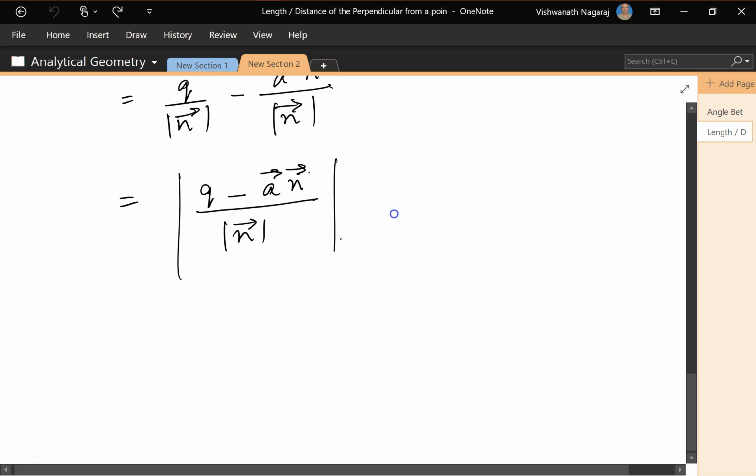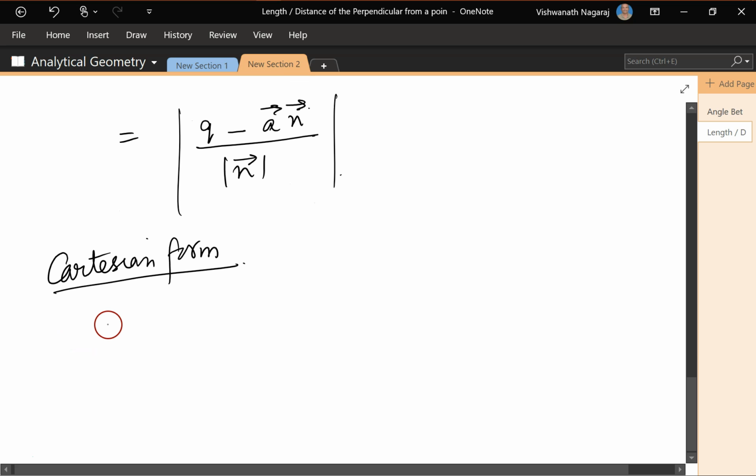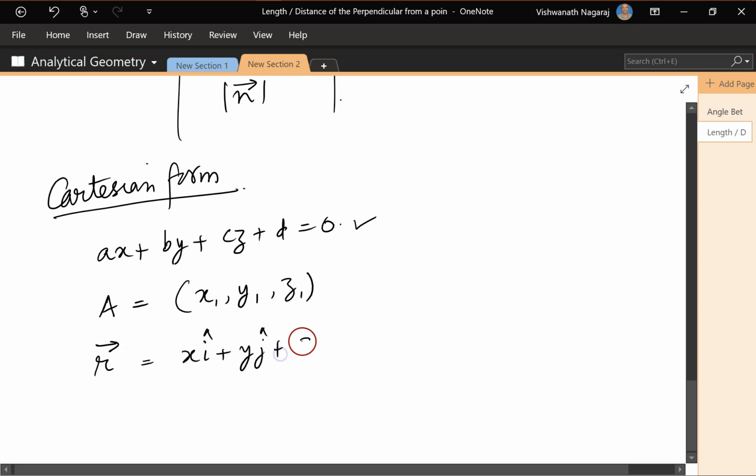Now let's look at the same thing in Cartesian form. Here, let's say the plane is ax plus by plus cz plus d equal to 0. Now we have a point A outside the plane. Let's say its coordinates are x1, y1, z1. Let's say the vector r is xi plus yj plus zk.